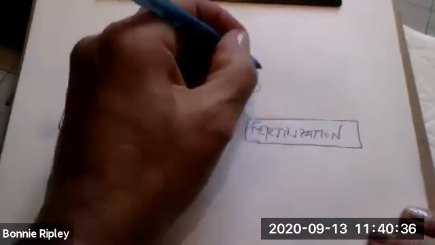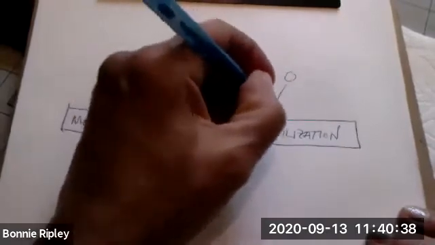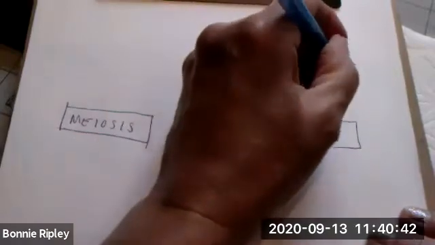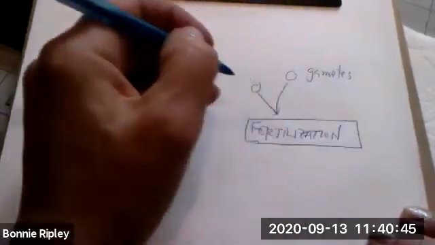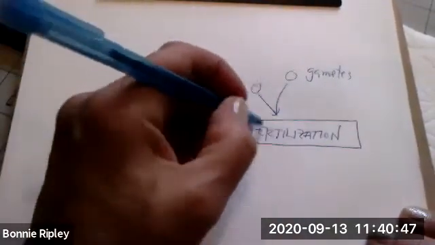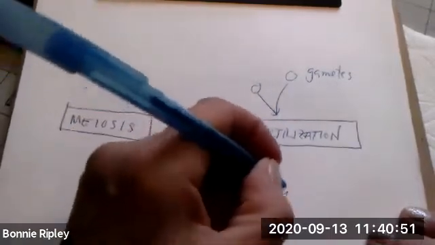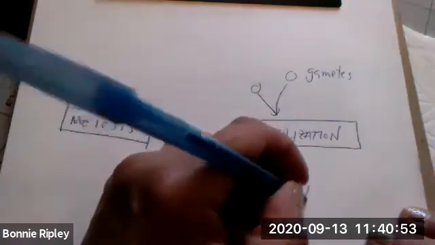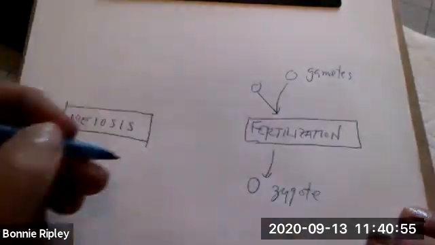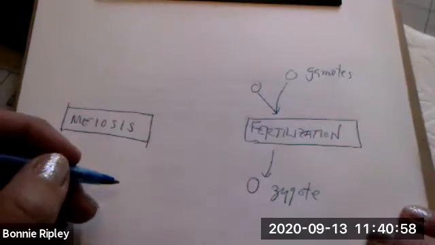So this process of fertilization is always going to be defined as single-celled gametes fusing together. So fertilization is fusion of gametes to produce a single-celled zygote. I'm drawing these little circles to represent single-celled.